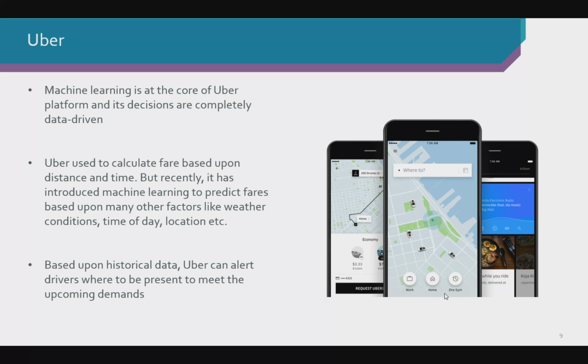So what they do is, based on historic data, they know there's a lot of requests coming from near the bus stop or near the train station at these timings. So they will just alert drivers to be present at those places. And that just helps them retain the customer and provide good customer satisfaction.